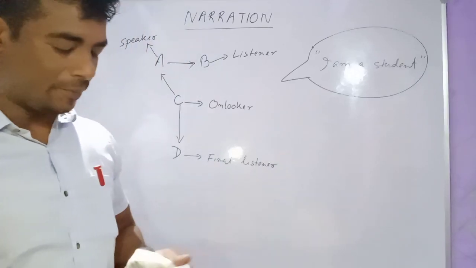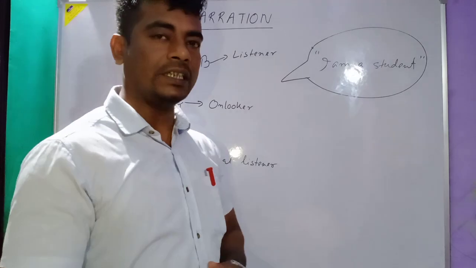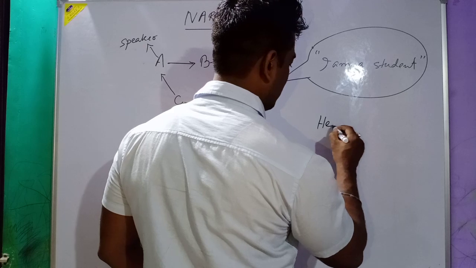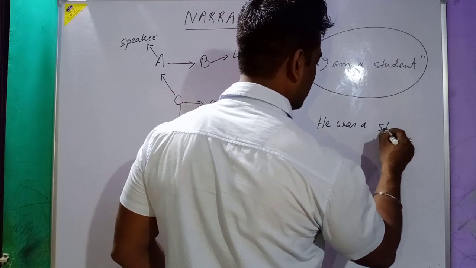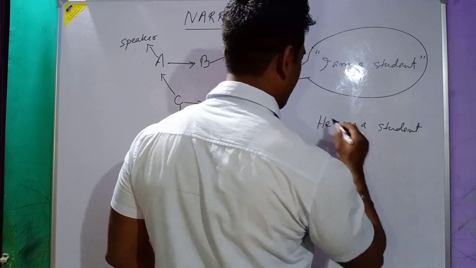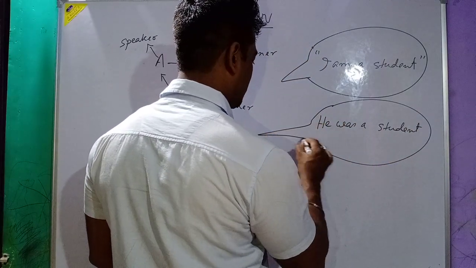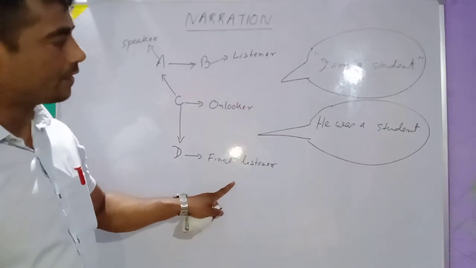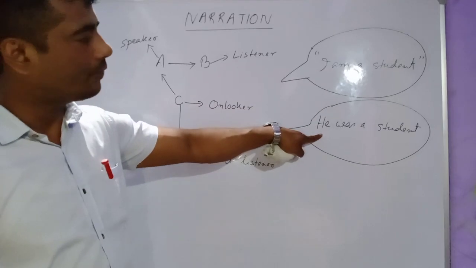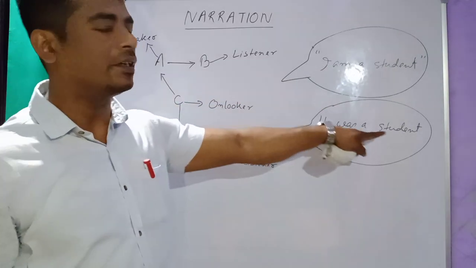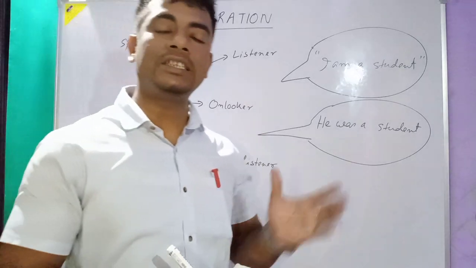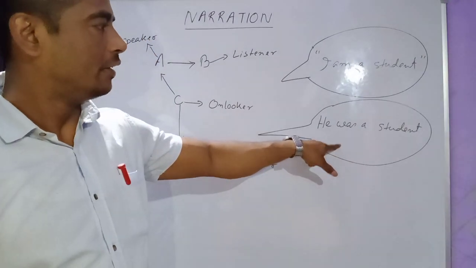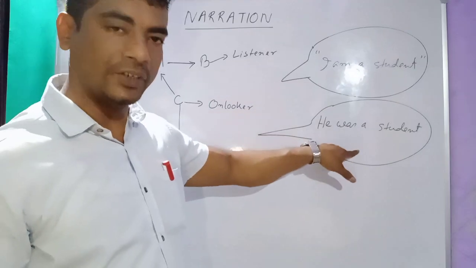So some changes have taken place here. He said that he was a student, and this was spoken by C to D. I changes to he. Am changes to was. Then a student. So changing the speech is called reported speech. This is the direct speech. This is the indirect speech.